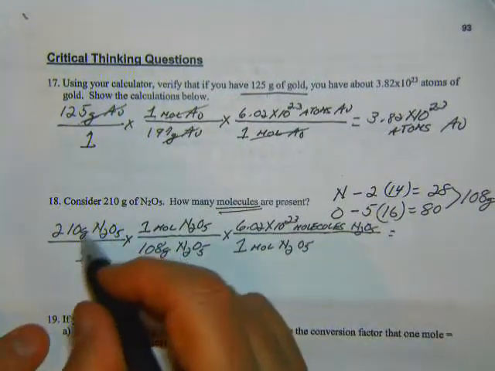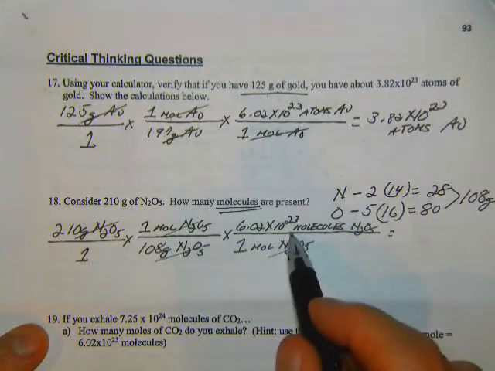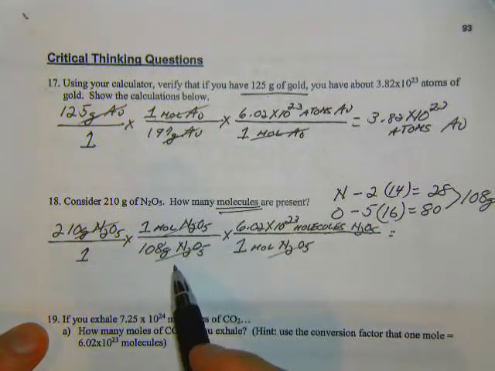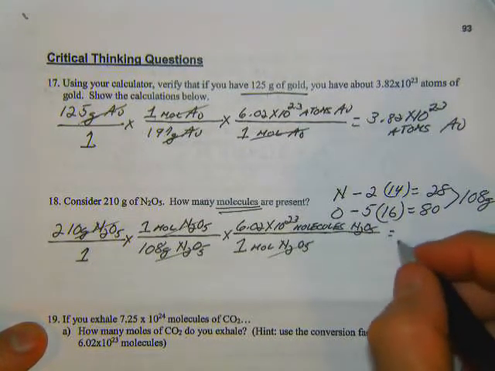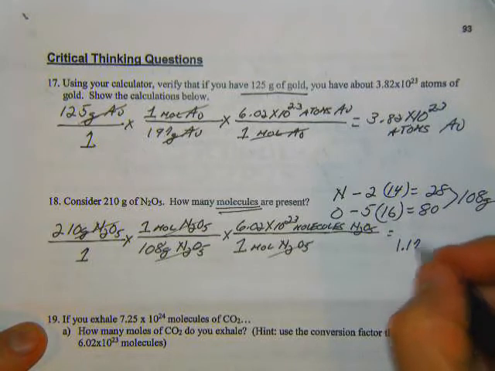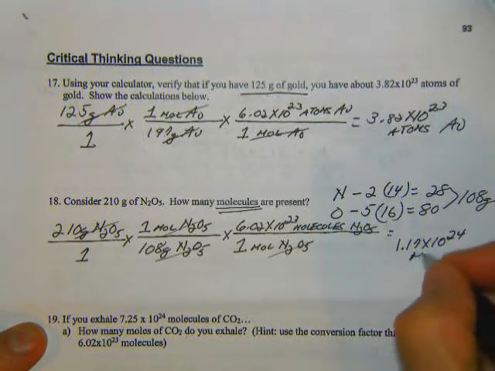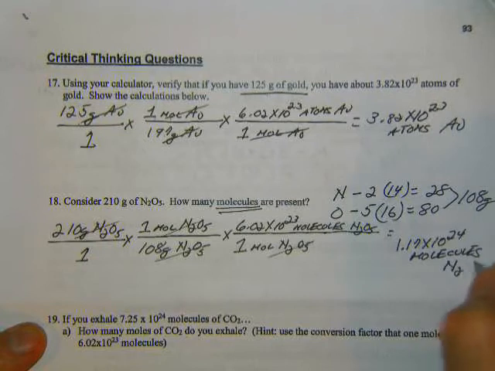Grams of N2O5 are gone, moles of N2O5 are gone. We're left with molecules. Multiply the numerators, divide by the denominators, and this equals approximately 1.17 times 10 to the 24th molecules of N2O5.